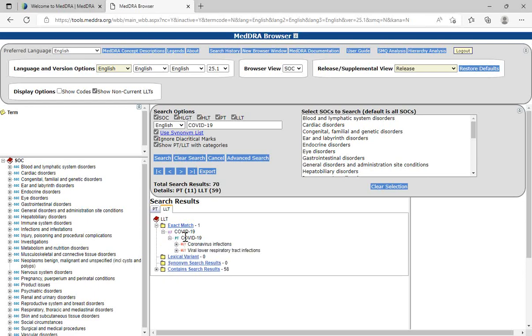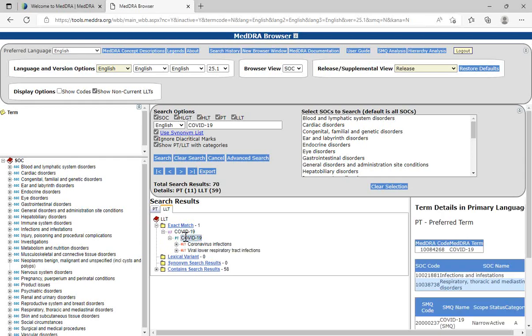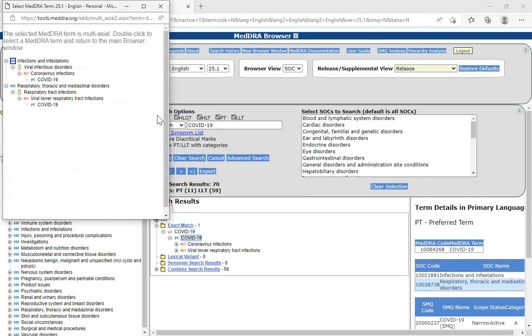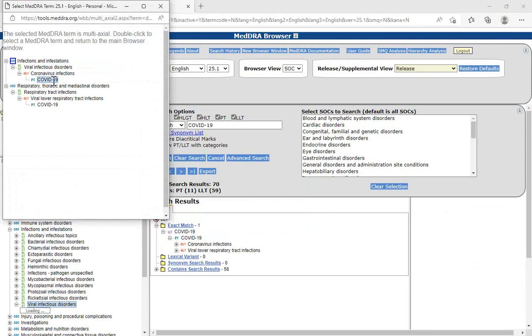So the way to open up a PT and see all associated LLTs under it is to highlight the term, right click, and choose go to browser. Okay. And here I'm going to highlight COVID-19.